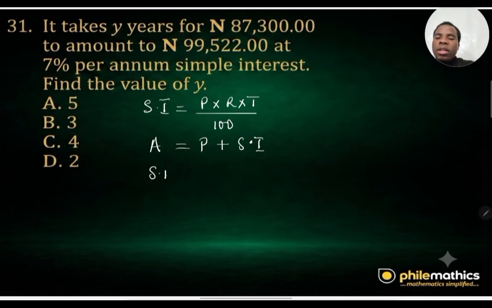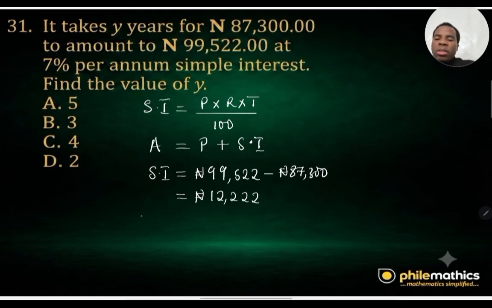The simple interest will simply give us 99,522 naira minus 87,300 naira. If we subtract this, we'll have the simple interest as 12,222.